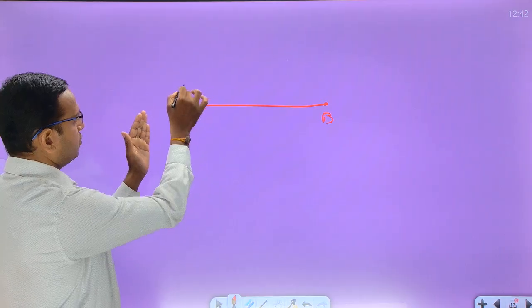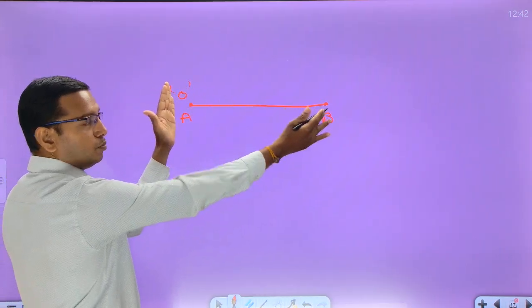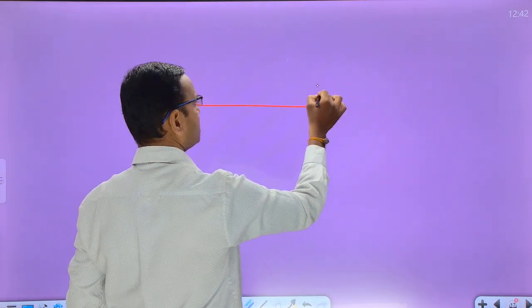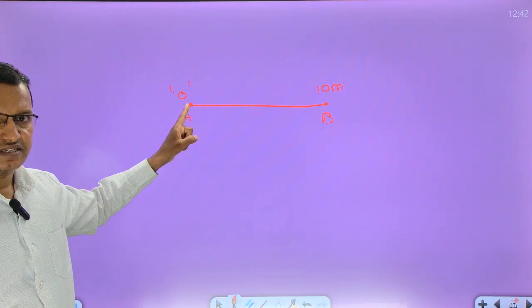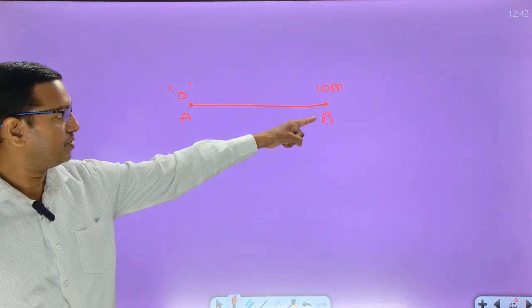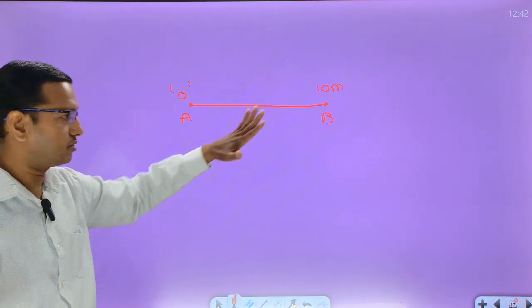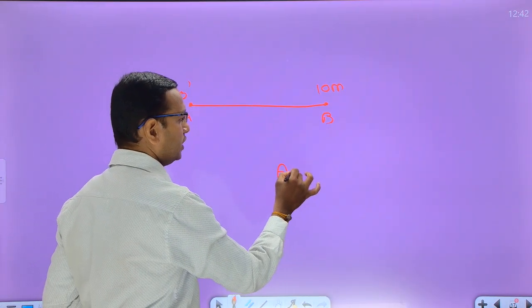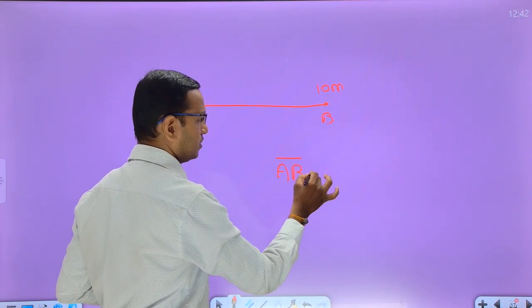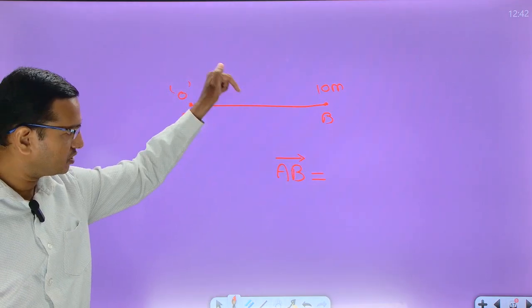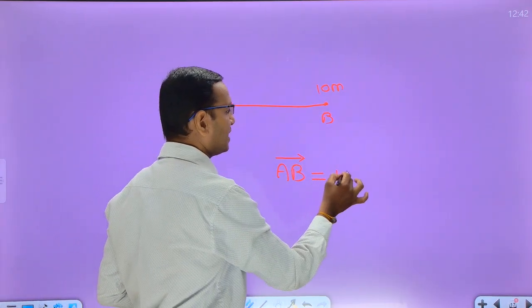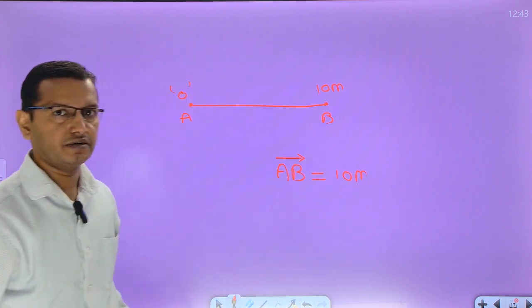From this origin the object has moved to B, say some 10 meters, in a straight line path. In notation, they will write AB bar. Don't forget to keep the arrow; if I keep the arrow, it is a displacement. So AB bar is equal to 10 meters. This is a displacement.